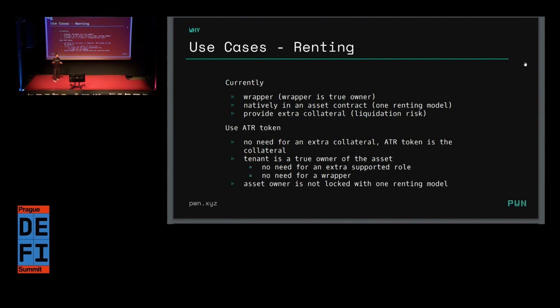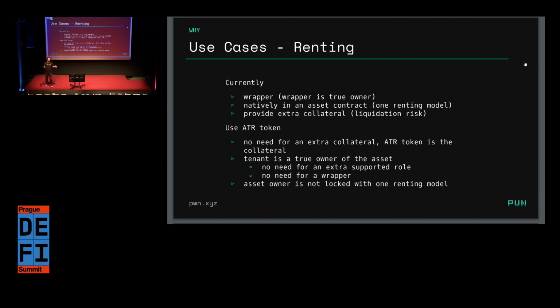So what we can do, if we tokenize the transfer rights, it's super helpful in this case. You have some renting protocol, let's say. The renting protocol will tokenize the transfer rights, hold them as collateral, and transfer the asset to the tenant.